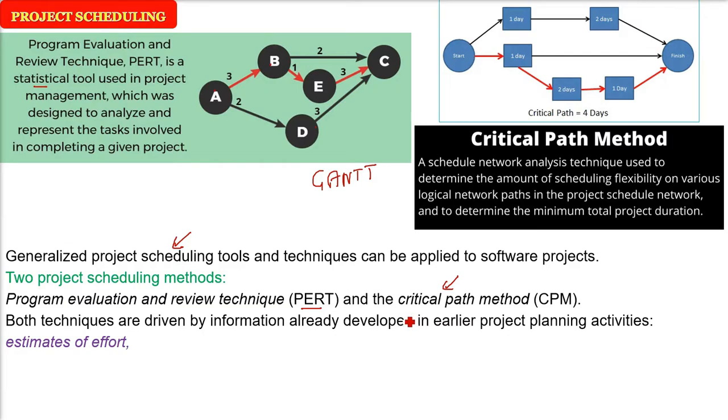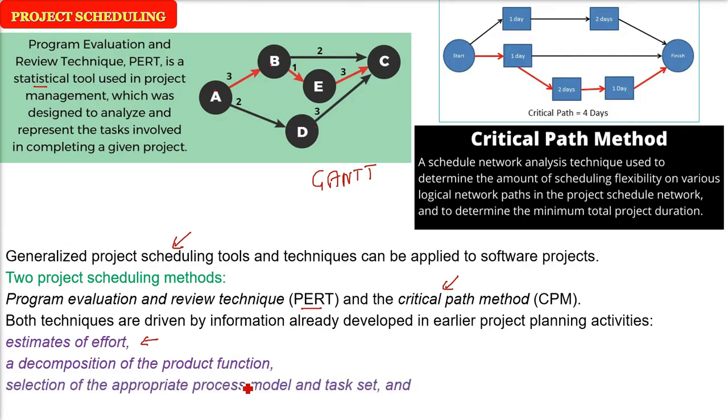For example, if you assume the estimates of the effort and a decomposition of the product function have already been done, then along with this, PERT, CPM and Gantt charts need certain inputs, like the selection of the appropriate process model and the task set, because these tasks will be put in the network or the timeline, and finally the decomposition of the tasks. If the major tasks are there, define them in a task set.